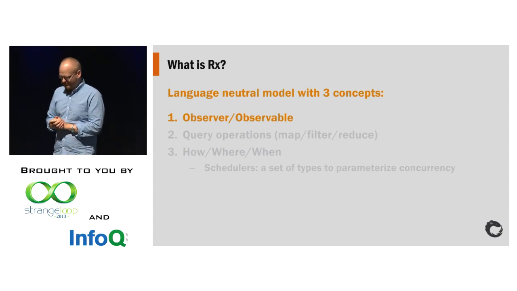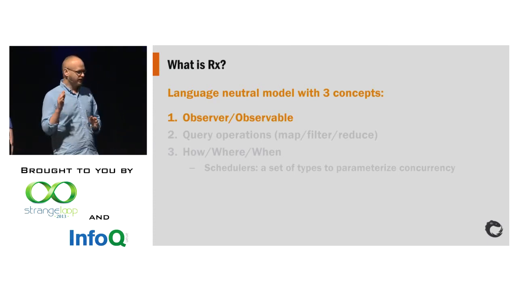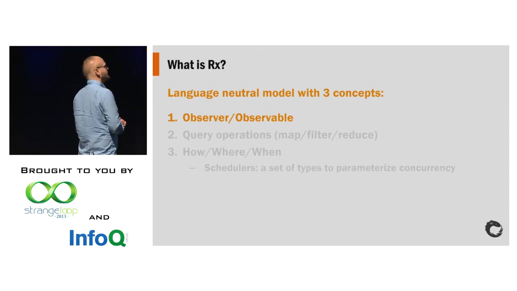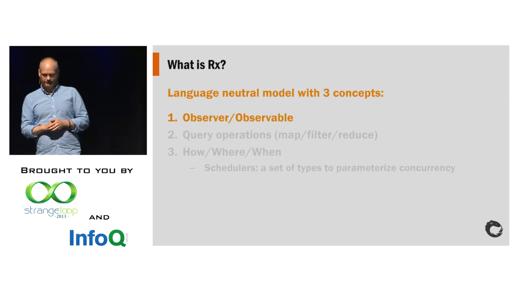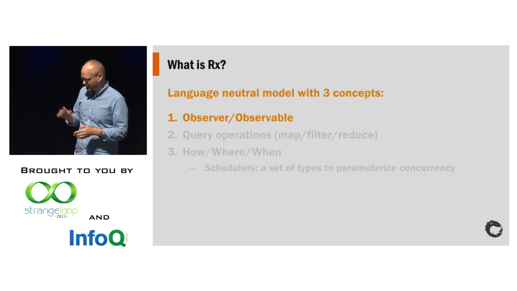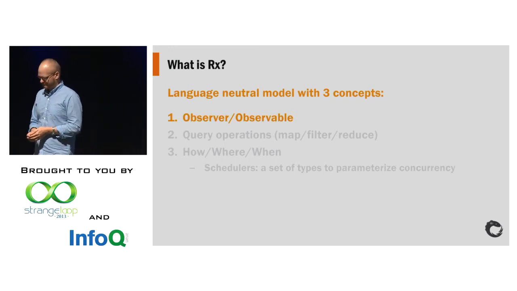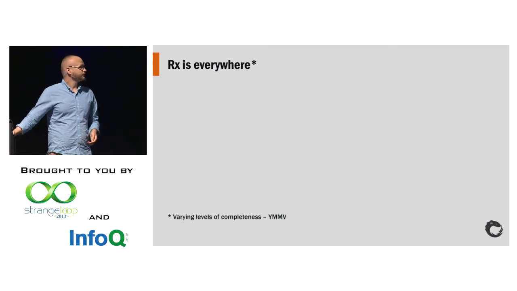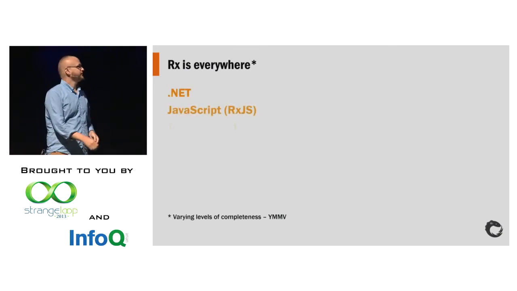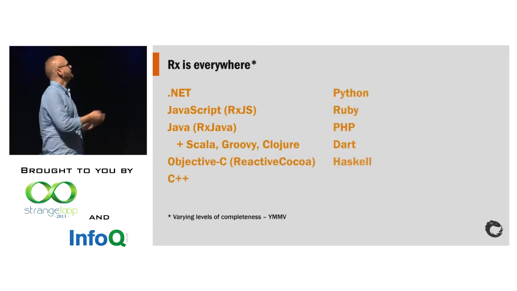And what it consists of is three distinct parts: the observer and the observable, which we have already seen, query operators, which Donna will talk about, and the third piece, which I won't call secret sauce, is the notion of schedulers. And the notion of schedulers is the how, where, and when particular things happen. And as I said before, it's language neutral. And of course, by that I mean your mileage may vary in terms of the completeness of each one.